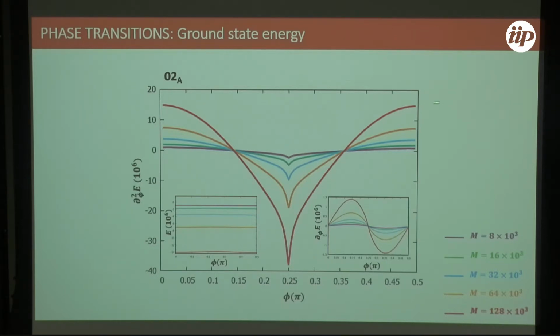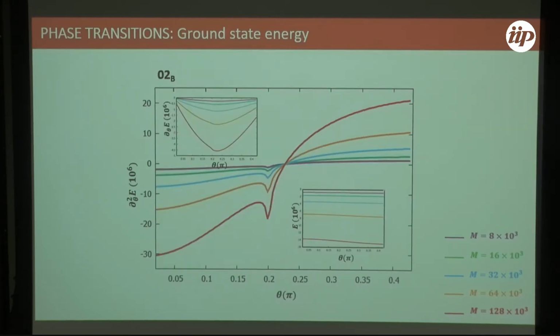So you see that exactly at the critical point, there is a very sharp response, signaling the occurrence of a normal second order topological phase transition, as we expected. If we plot the same kind of thing for a transition across the critical surface B, we see a very sharp response in the second derivative of the ground state energy. Again, this indicates the expected second order quantum phase transition.